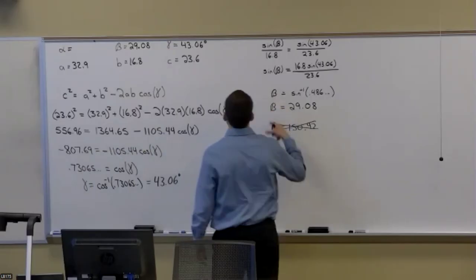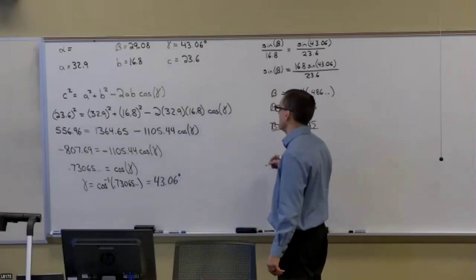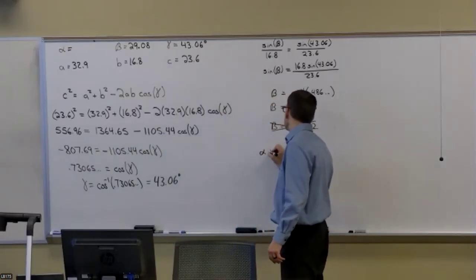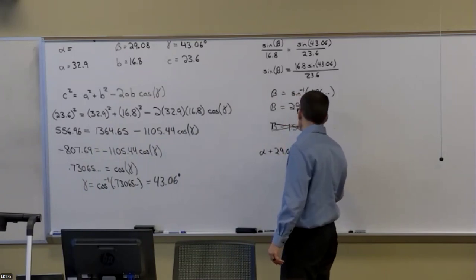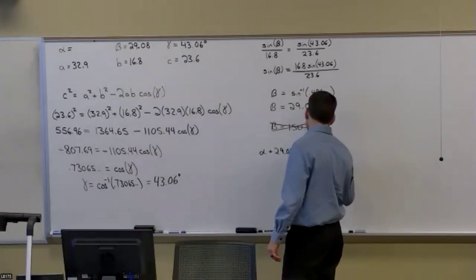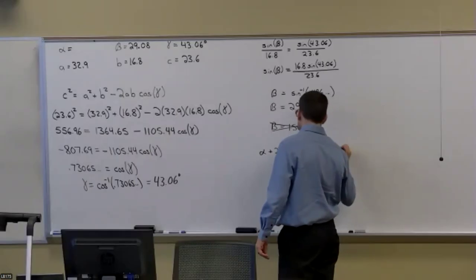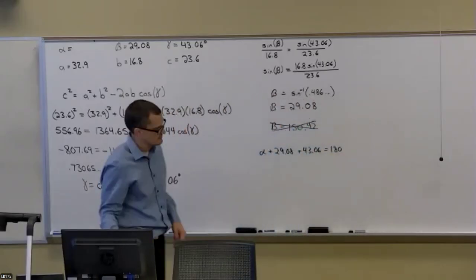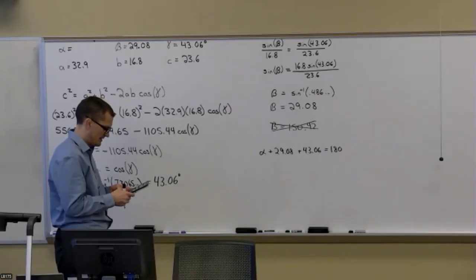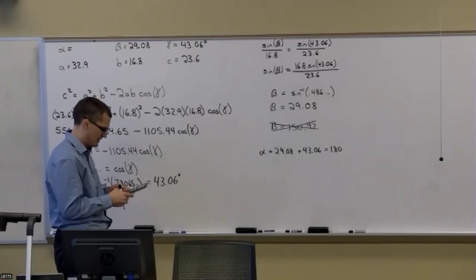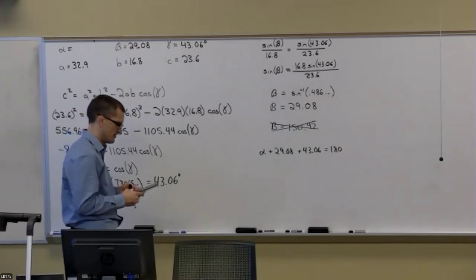And then once we have solved for beta, we can say alpha plus 29.08 plus 43.06 has to be 180. So we take 180 minus 29.08 minus 43.06.